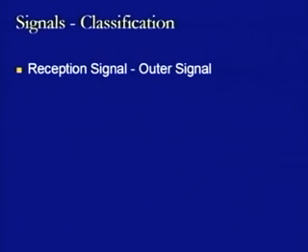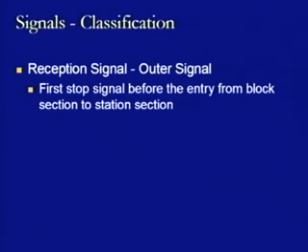In the case of the reception signal, the outer signal is the first stop signal before the train enters from the block section to the station section. So far the train was in the block section, controlled by the stop semaphore signal and warner signal, but as soon as it starts coming into the station section, a signal is provided, and because it is at the outer periphery of the station section, it is termed the outer signal.